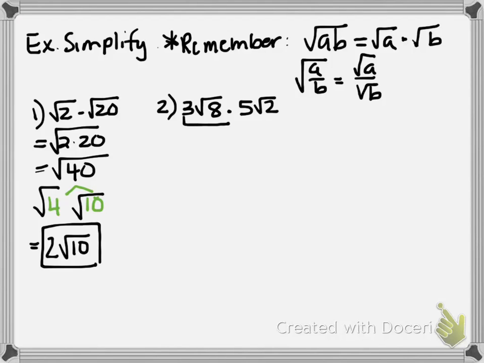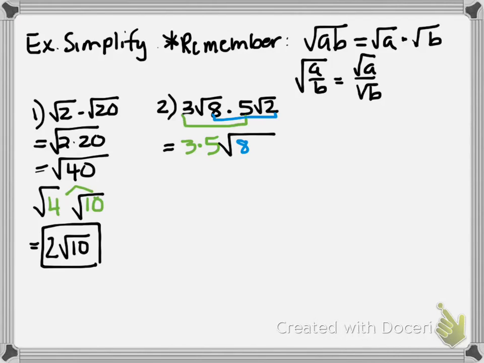Meant to change colors, it didn't change. I can multiply the 3 times the 5, because they are both coefficients. And then I can multiply radicands.